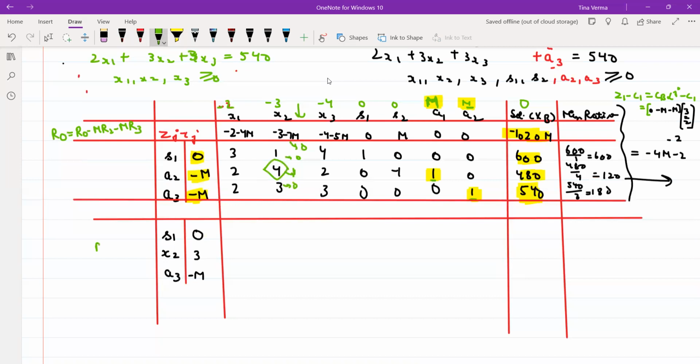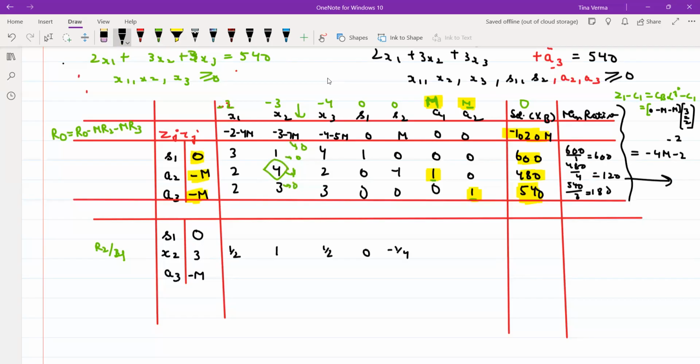So which operation will you apply? R2 by 4, right? When you perform this operation, it will become 1 by 2, 1, this is 1 by 2, 0, minus 1 by 4.